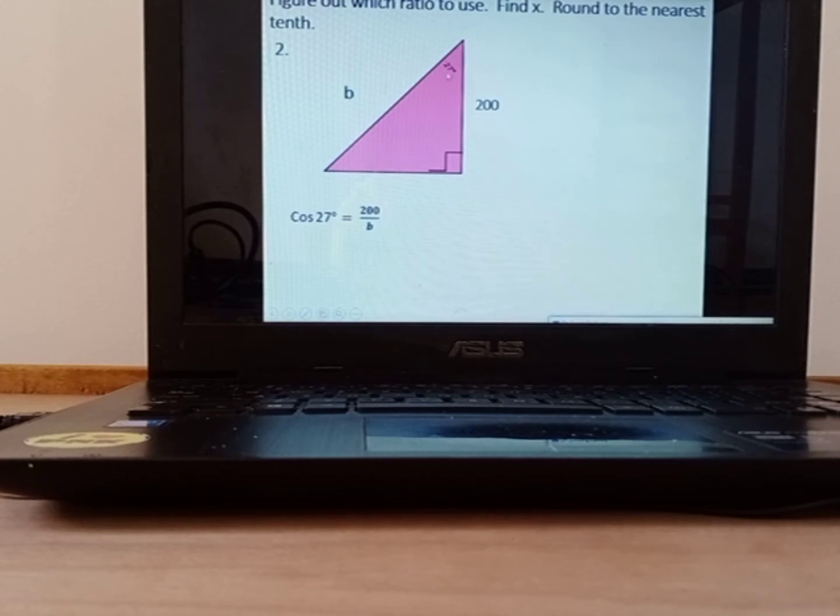Take note, class, there is a given value of our angle, which is 27 degrees.